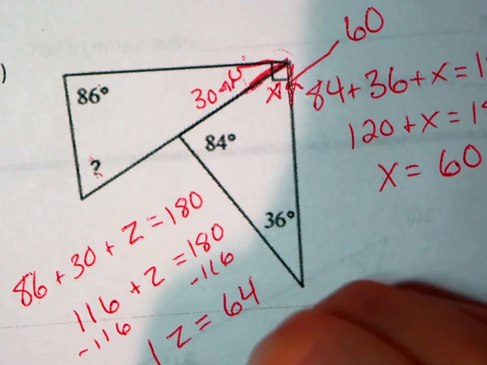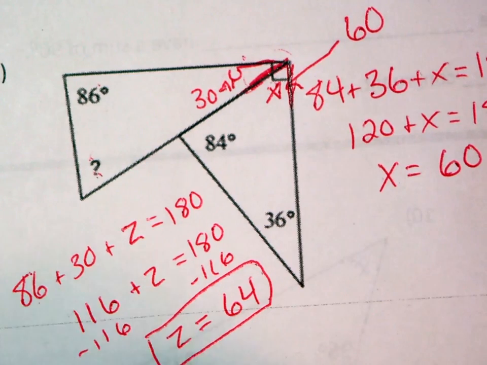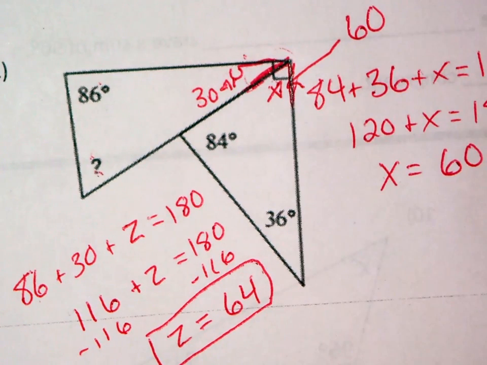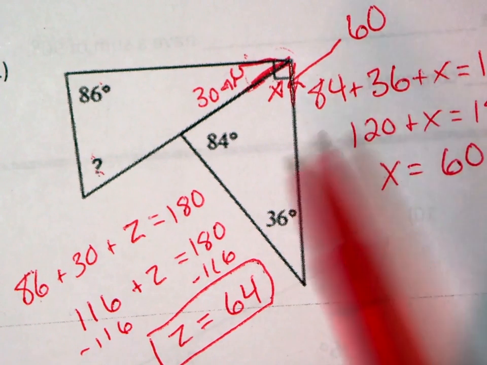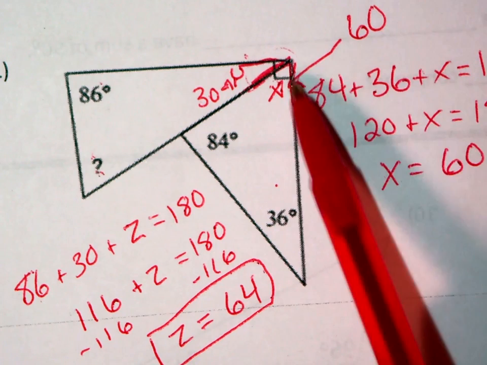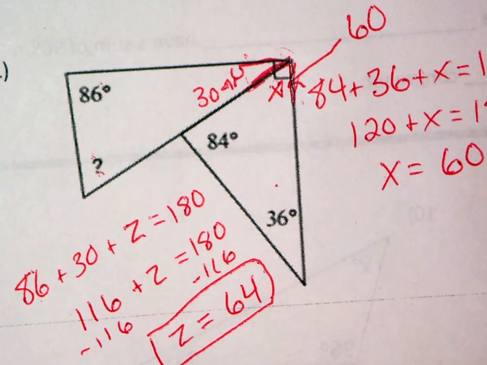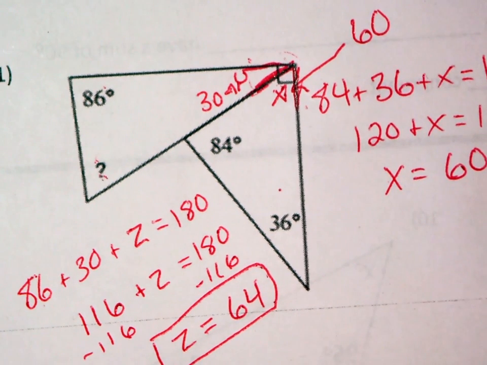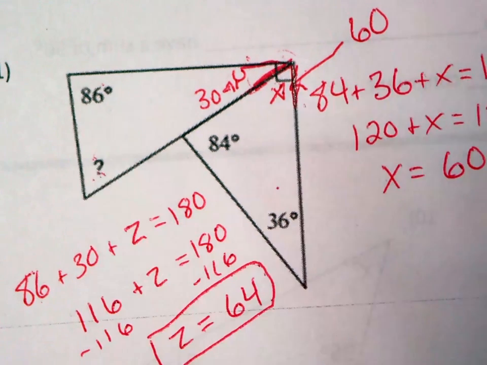So it took a couple of steps to get around to there, but using all of the information that was present in the angles, my triangle sum theorem, my complementary angles definition, I was able to find out the missing angle.